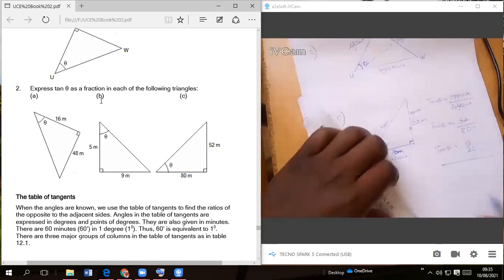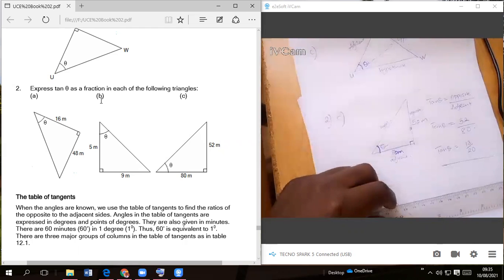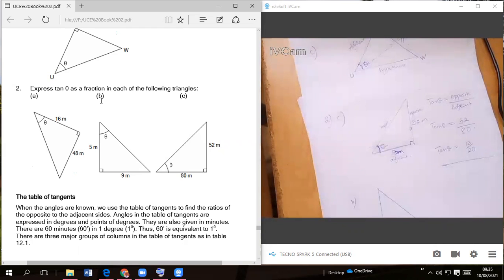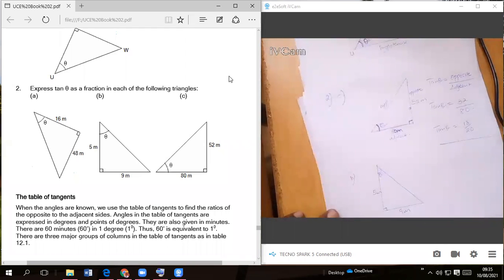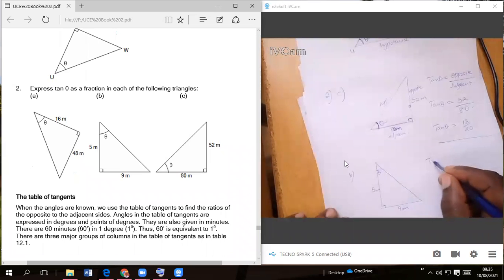Tan theta is equal to? Opposite over adjacent. So tan theta is equal to opposite over adjacent.